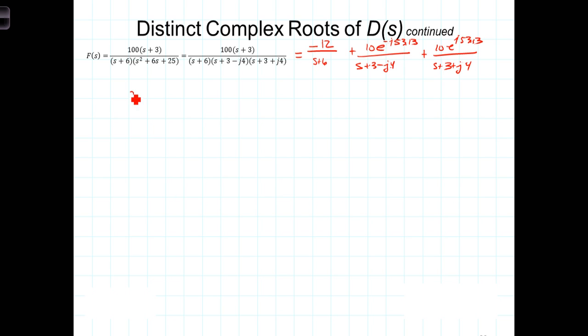In the time domain, we found then that f of t was equal to negative 12 e to the minus 6t, and then we saw that these two terms combined into a single term of 2 times 10 e to the minus 3t cosine of 4t minus 53.13 degrees.